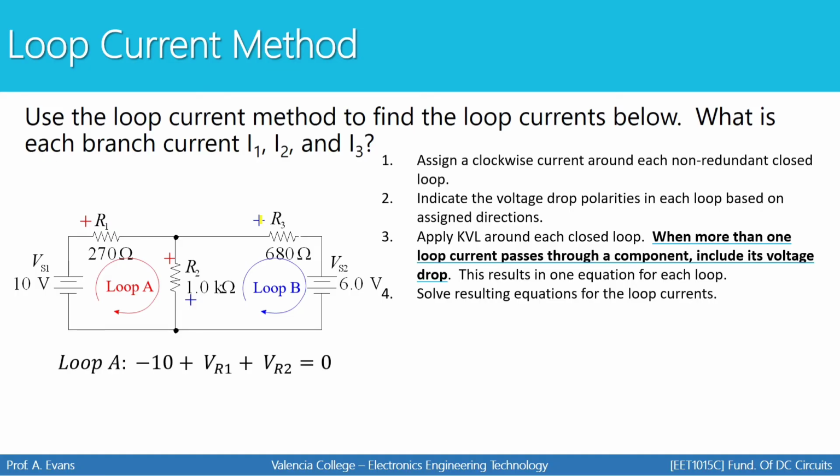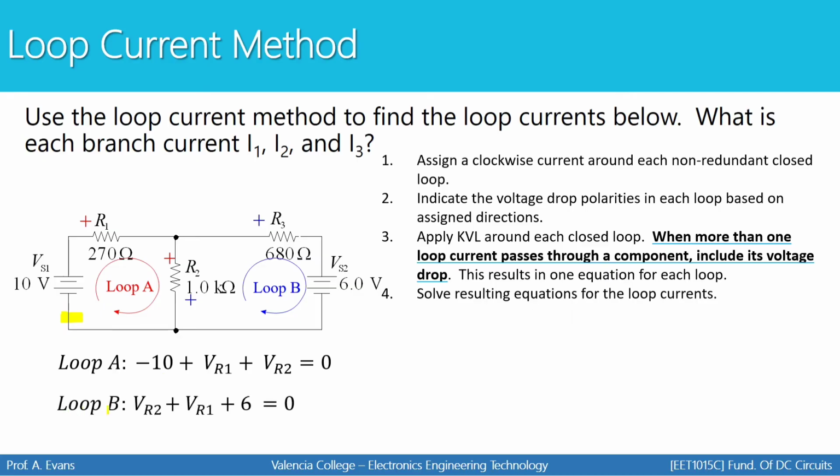Here's the KVL around loop A. If I begin right here and go clockwise, I would have negative 10 volts plus VR1 plus VR2 equals 0. Now I'm going to replace VR1 and VR2 with their equivalent expressions based on Ohm's law.